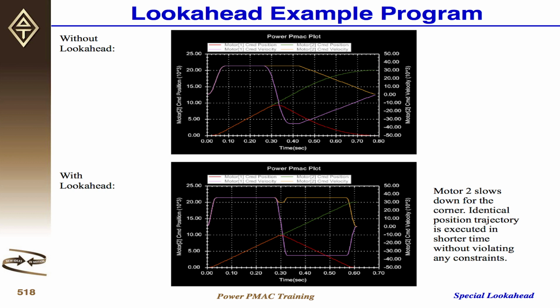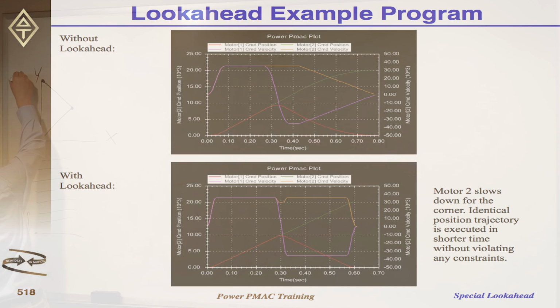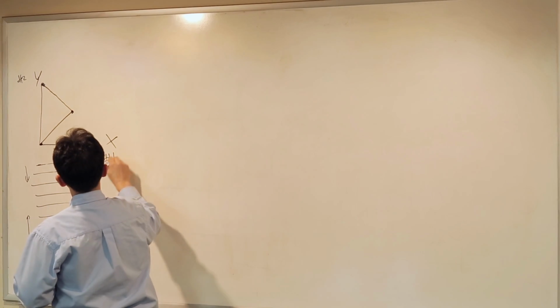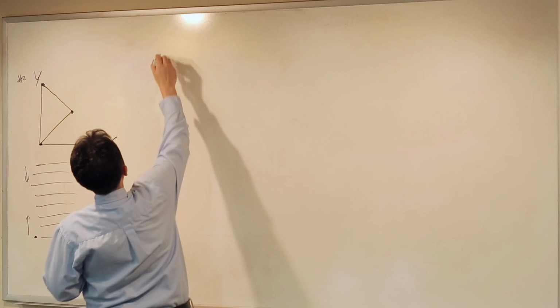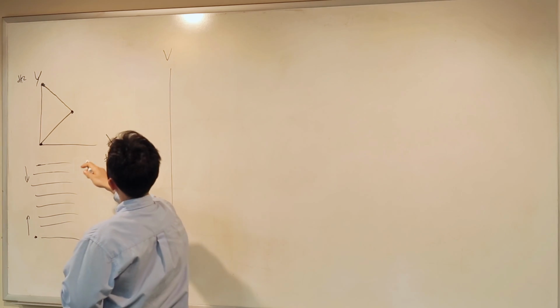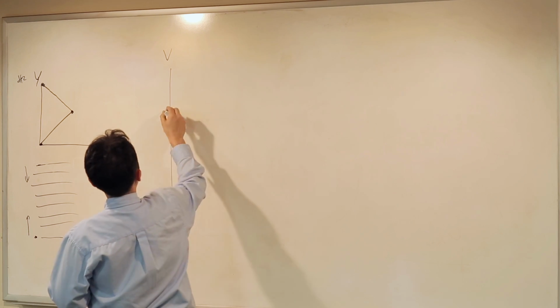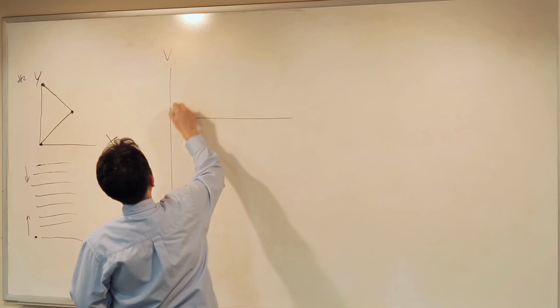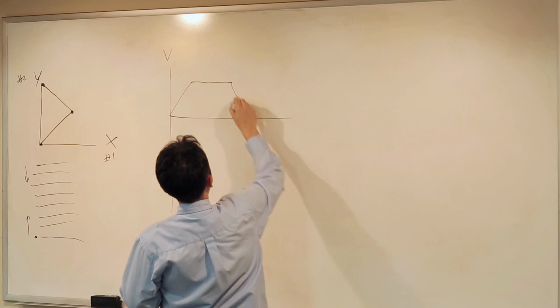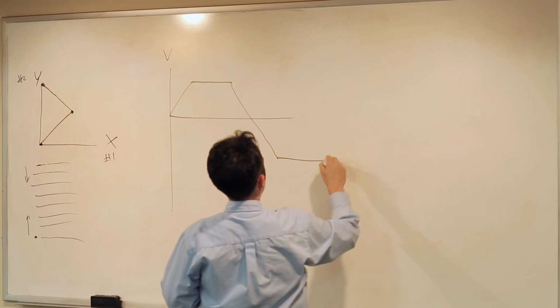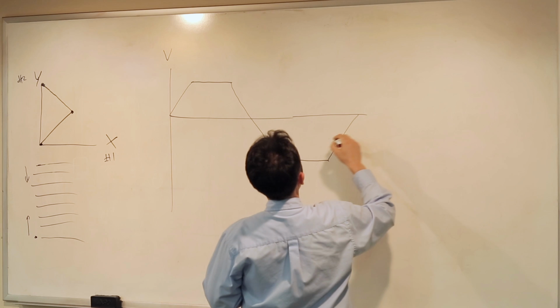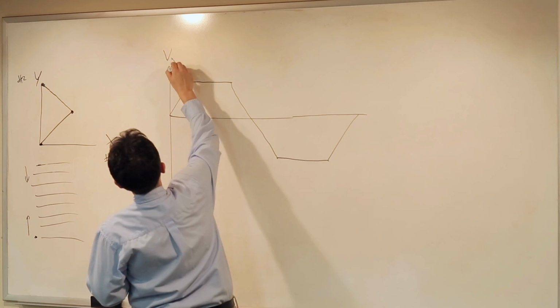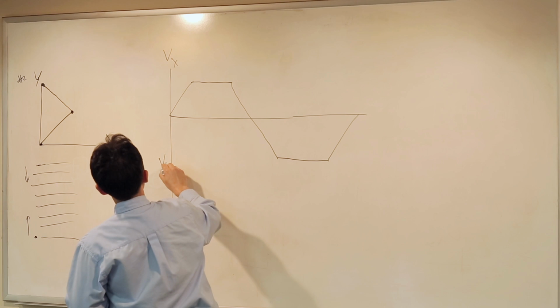Okay, let's explain it here better. This is motor 2, and this is motor 1. If you look at the velocity profile of motor 1, it will be something like this. This is the Vx, and this is the Vy.